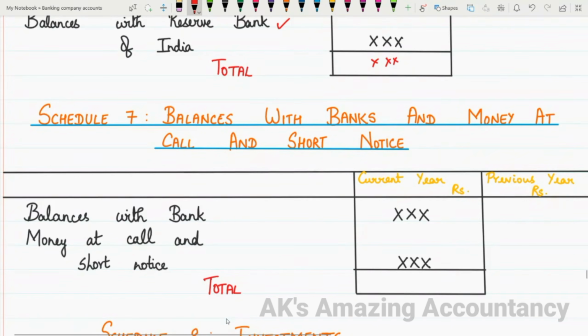It is schedule 7. Schedule 7 is balances with banks and money at call and short notice. So under this heading, you'll be having balance with other banks. In the previous schedule, you had balances with Reserve Bank of India, isn't it?